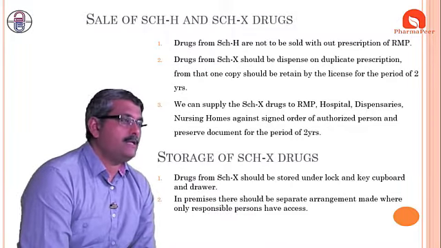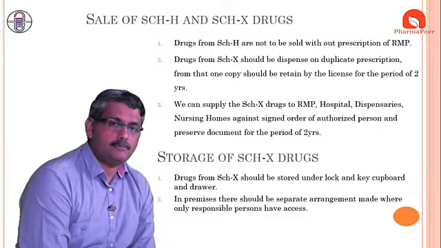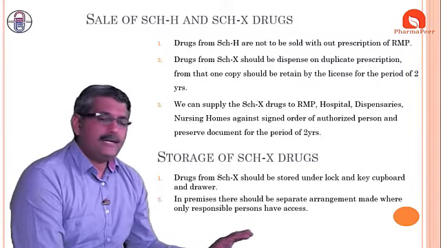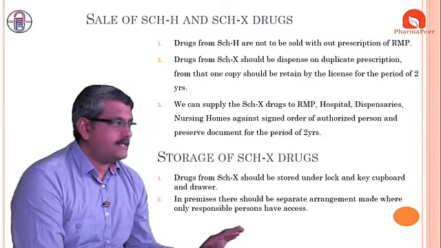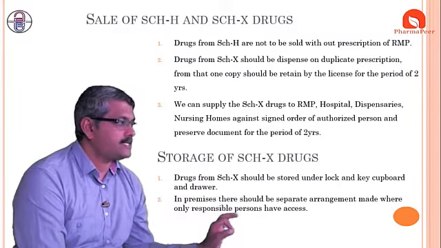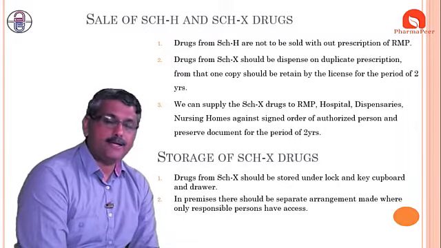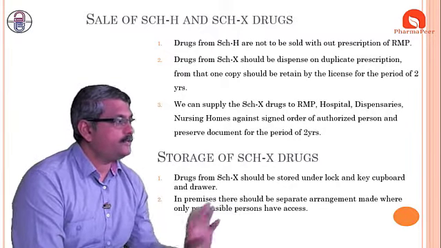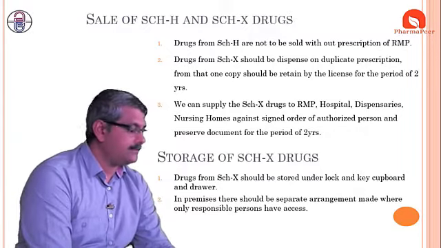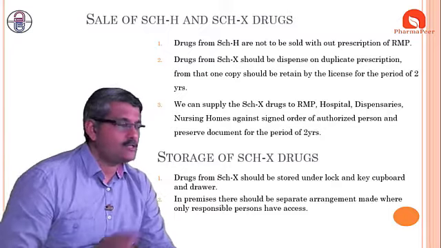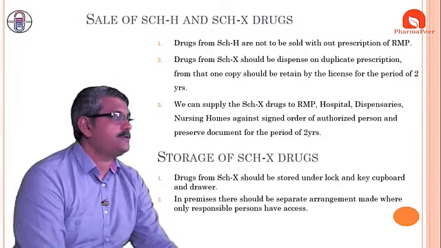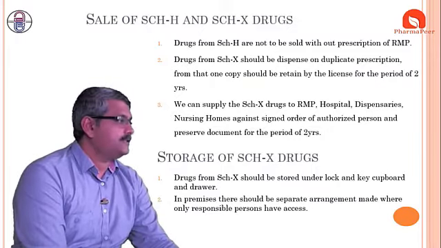It should not be easy for any person other than the pharmacist to access it; it should be stored in such an area in our medical shop that only a reputable, reliable, authorized person will handle and access it. So in this manner, we need to arrange the storage of Schedule X drugs. The sale of Schedule H and X drugs we have seen, as well as the storage of Schedule X.